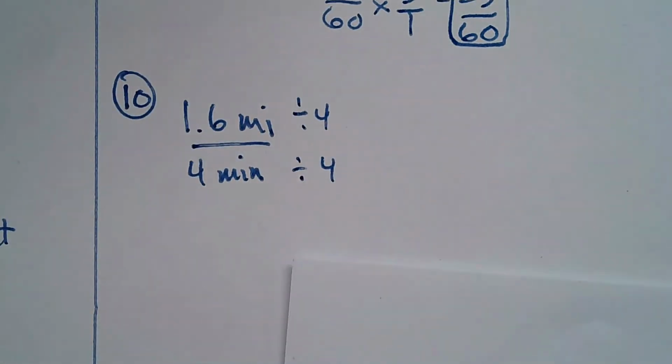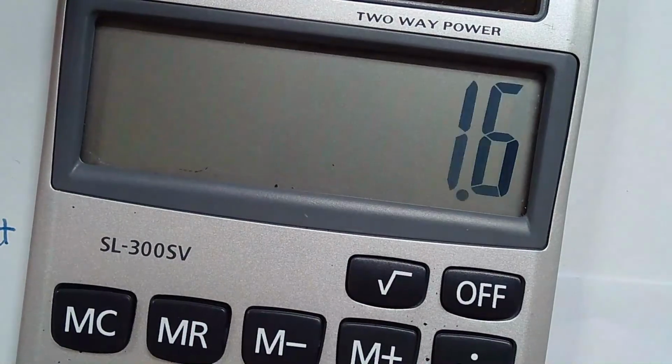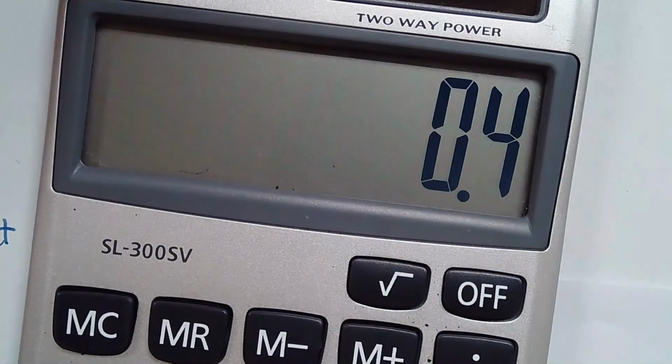So this would be divided by 4. So 1.6 divided by 4 is 0.4. So 0.4 miles in 1 minute.